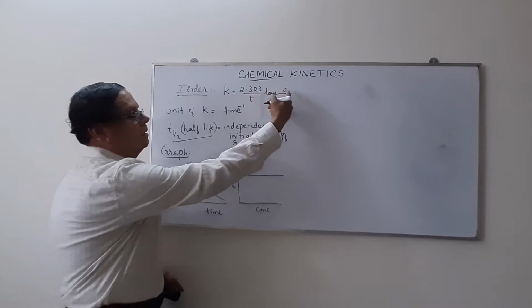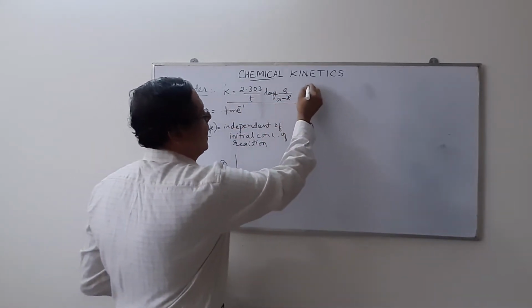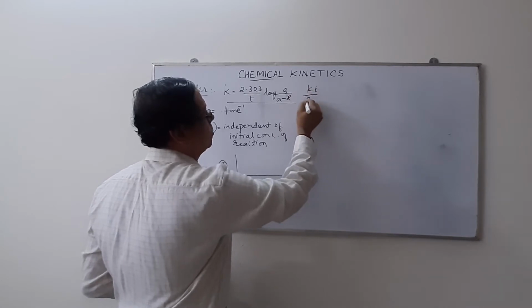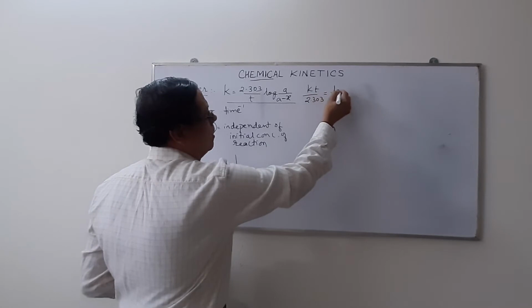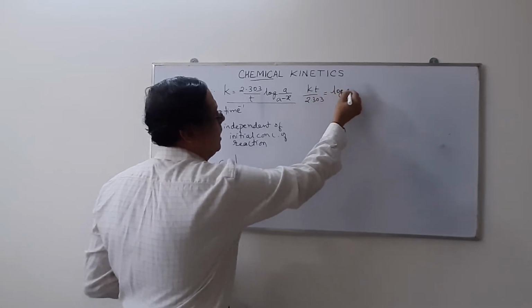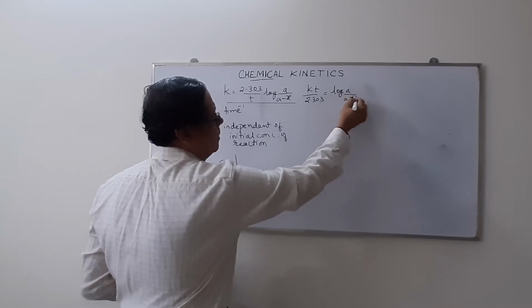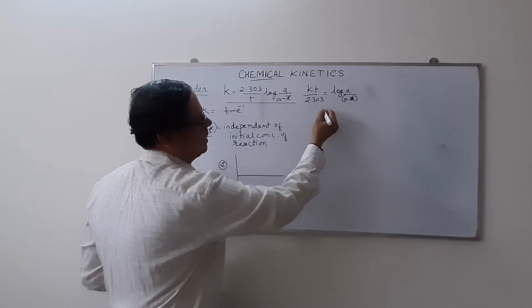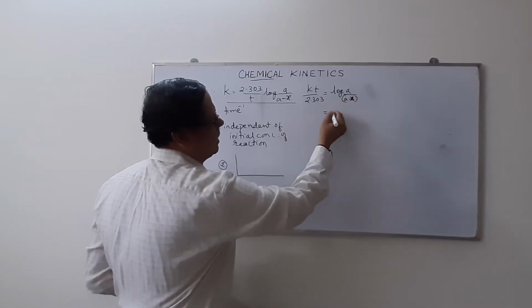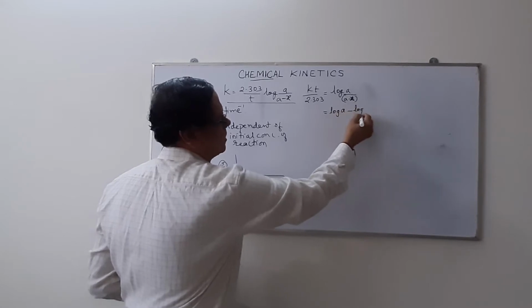Then if you take logarithm, I am reconverting this equation now. kt divided by 2.303 is equal to log of a by a minus x. I am taking this log a by a minus x as log a minus log a minus x.